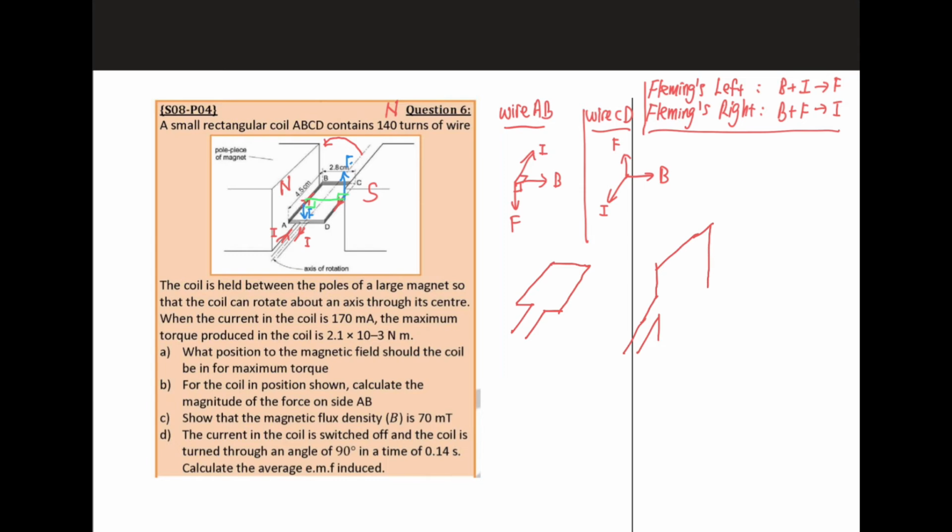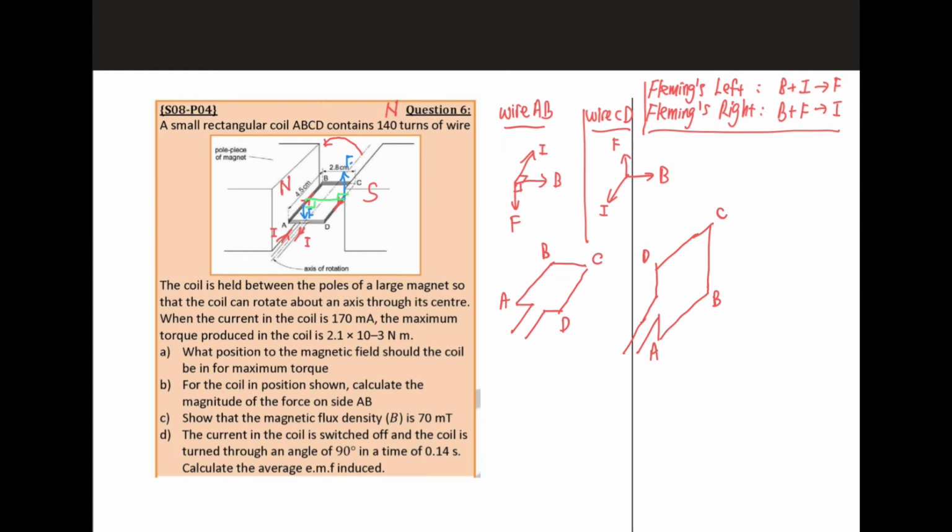So somehow it will become vertical at a particular moment. Now let's say it becomes vertical, and AB has gone down already. So this one is AB, and here CD. Okay.